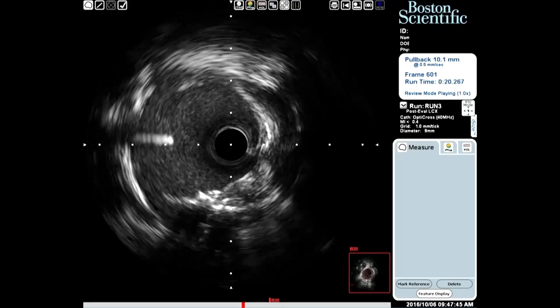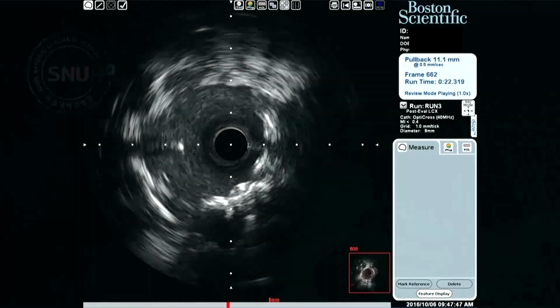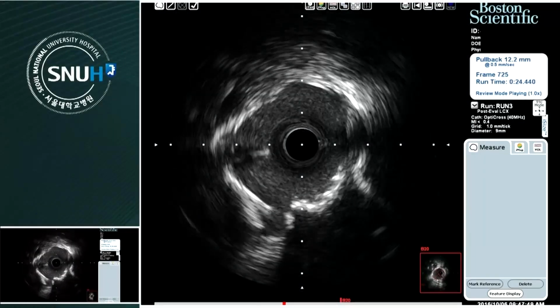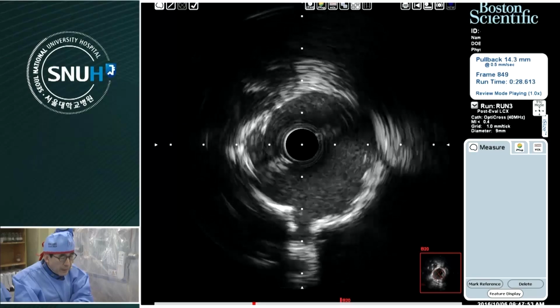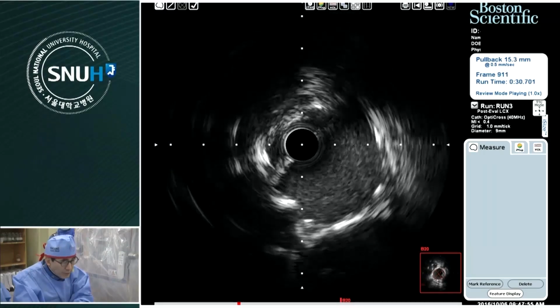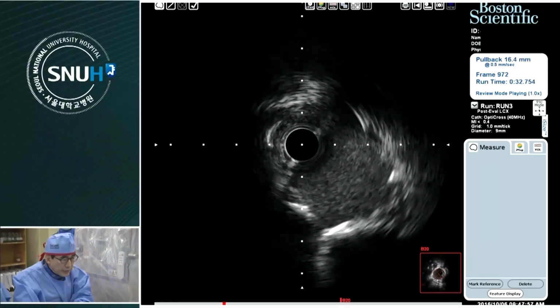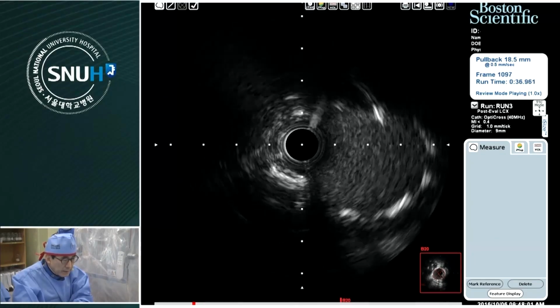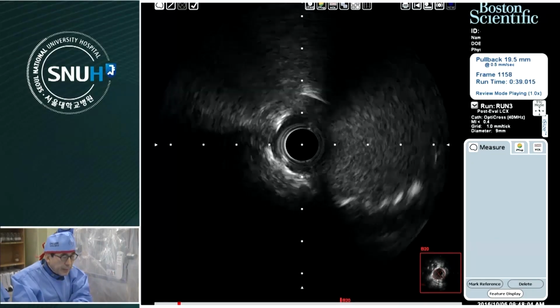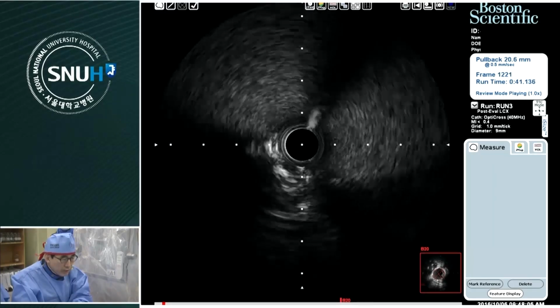This is the bifurcation. We can see a little bit of strut protruded to the left main, associated with secure coverage of circumflex ostium. This left main MLD is more than 3 in the heavily calcified left main. Left main ostium is well covered by strut.